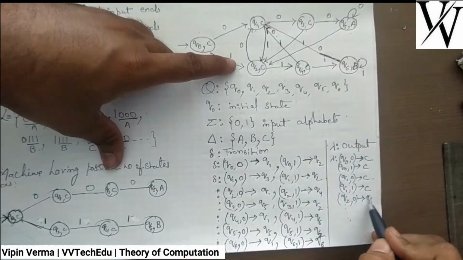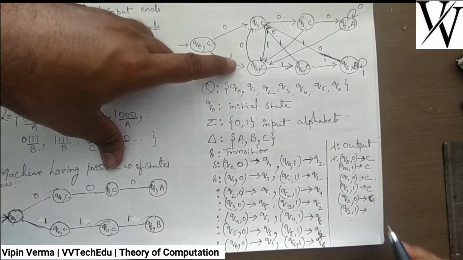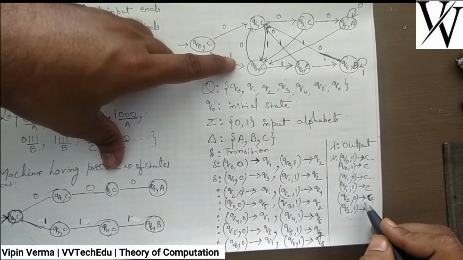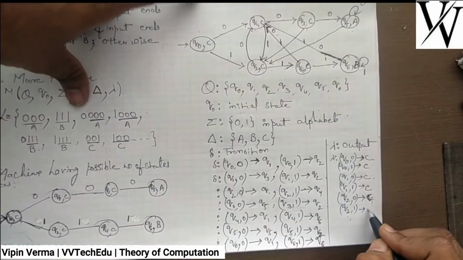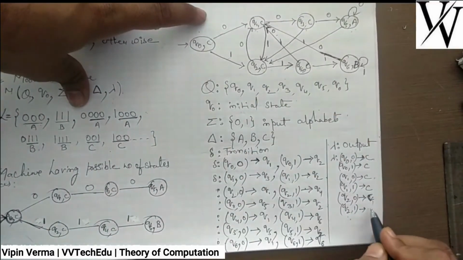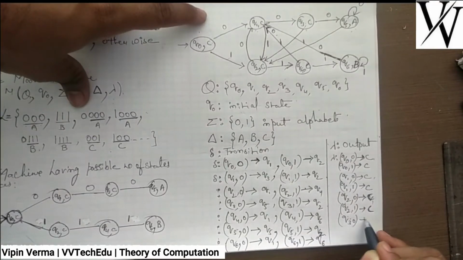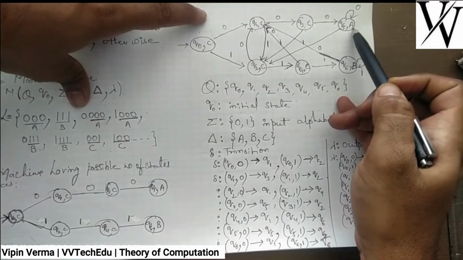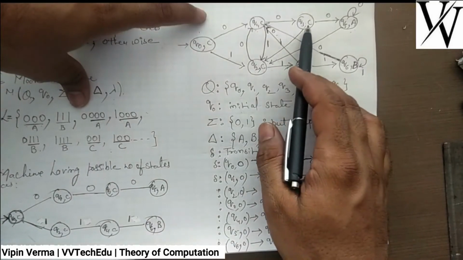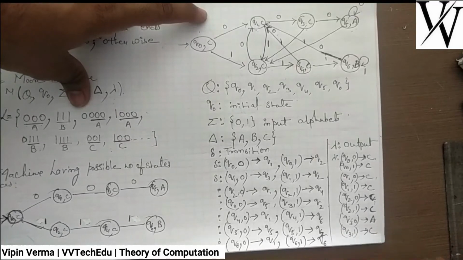Q2 with 1 reaches the Q4 state, so the output will be C. Now at Q3 state, Q3 with 0 reaches the Q5 state, so it will generate the output A, and at 1 it reaches the Q2 state, so the output will be C.